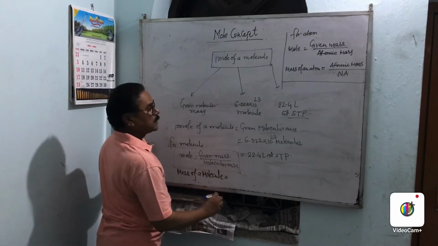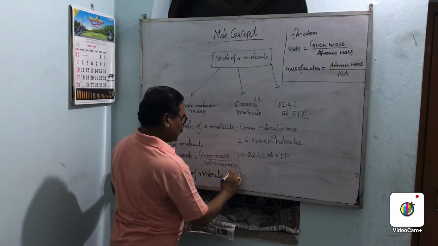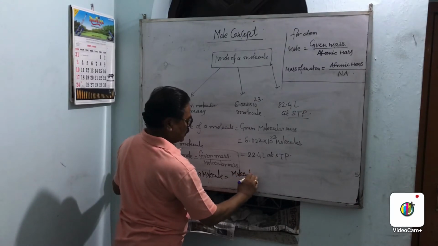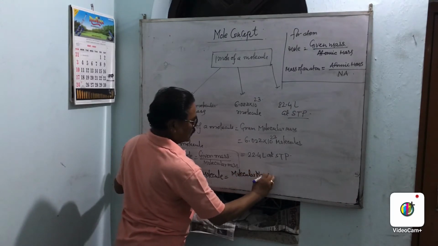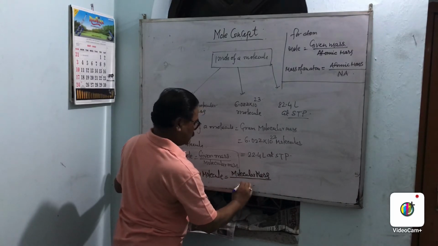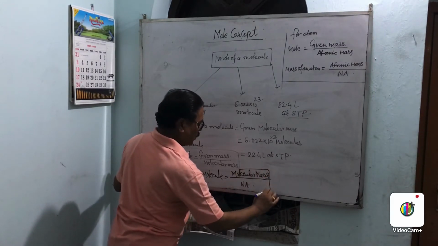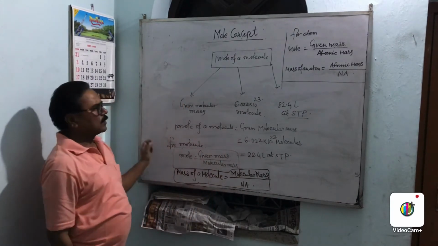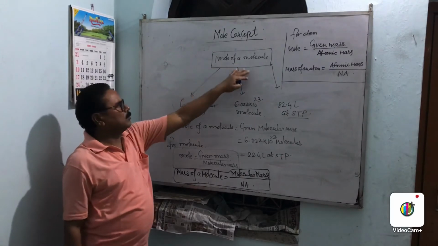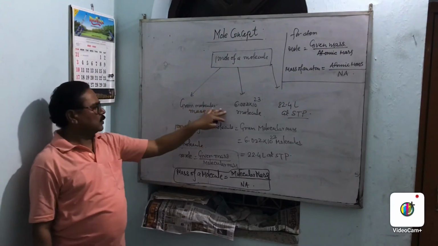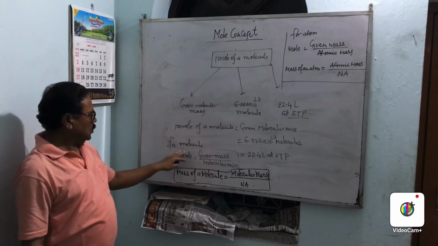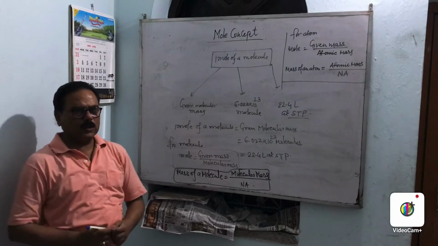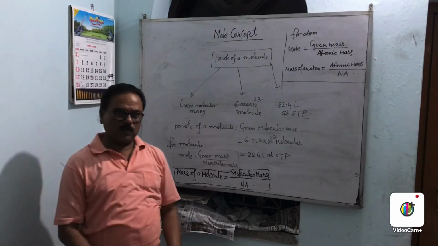It is equal to gram molecular mass by Avogadro number. So this is the formula that can be derived. Is it clear? This formula can be derived from 1 mole of a molecule being related with gram molecular mass. That is 1 mole of a molecule will contain the gram molecular mass, whatever be the molecule, its molecular mass. How do we calculate the molecular mass?